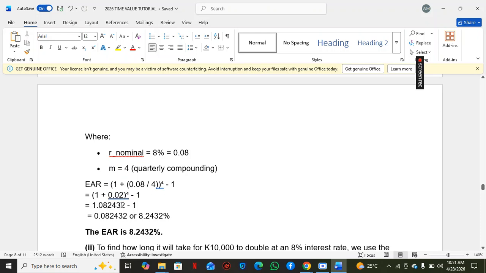Once we do our tabulations, we're trying to find the effective annual interest rate for interest that is compounded quarterly. You just want to convert it into an annual rate now.